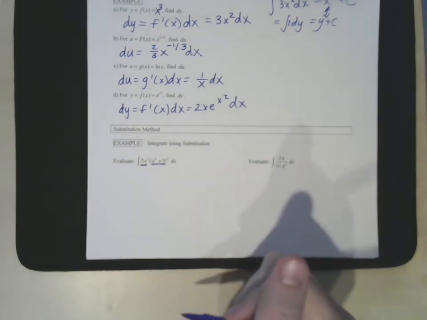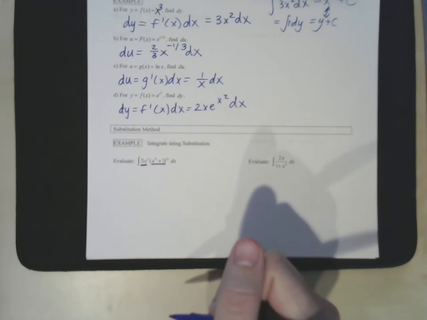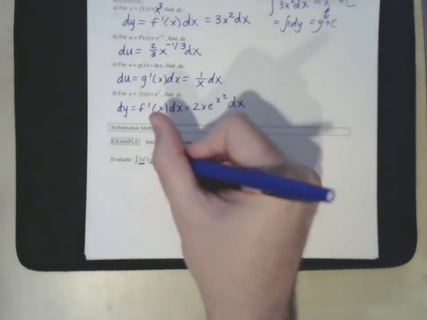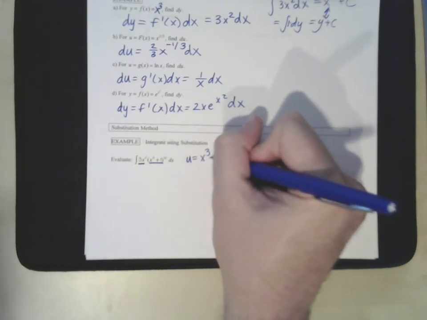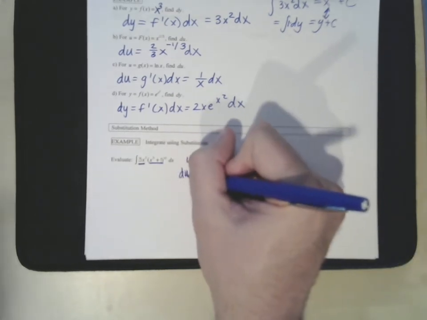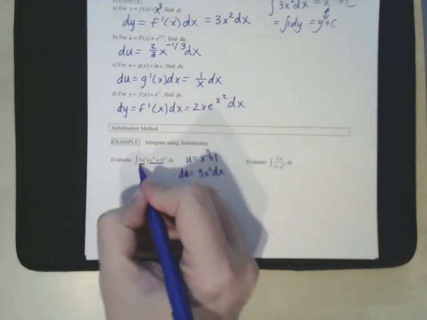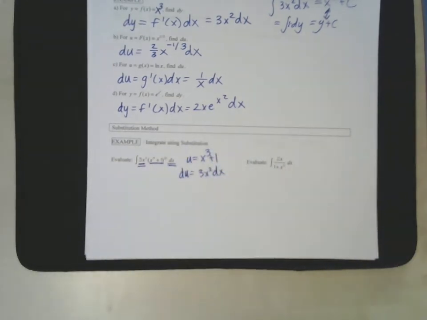So we have to pick u that makes this work. Well, the u that makes this work, since it's x cubed and x squared, is if we make u x cubed plus 1. Then du would be 3x squared dx. And look, we have 3x squared dx.